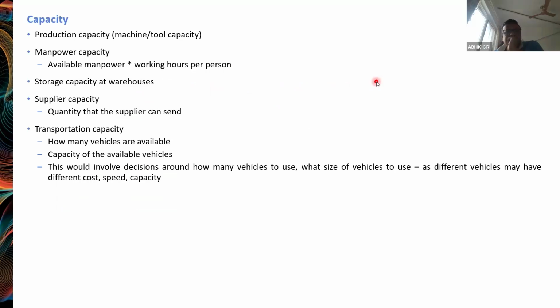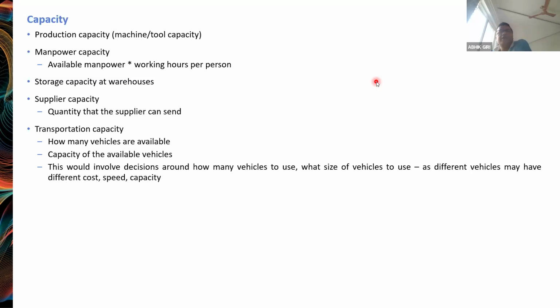Now, coming to capacity, there could be multiple types of capacity in any manufacturing or transportation problem, any supply chain problem. If you're talking about production capacity in the factory, then it could be the machine or tool capacity, or manpower capacity, that is the available number of manpower into working hours per person, or it could be the storage capacity at the warehouses.